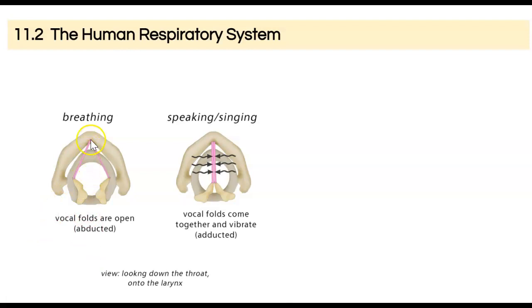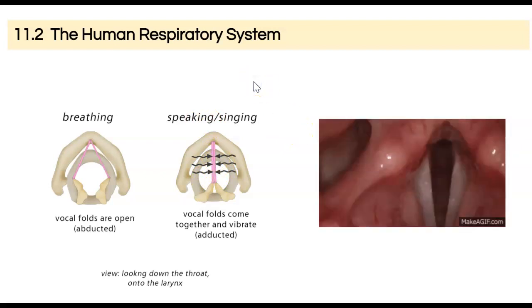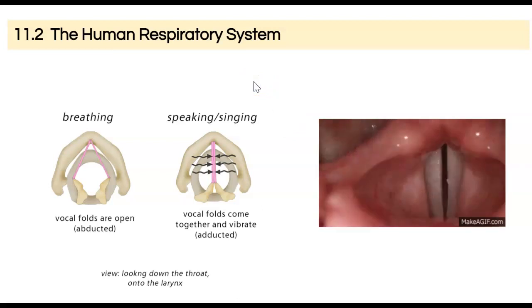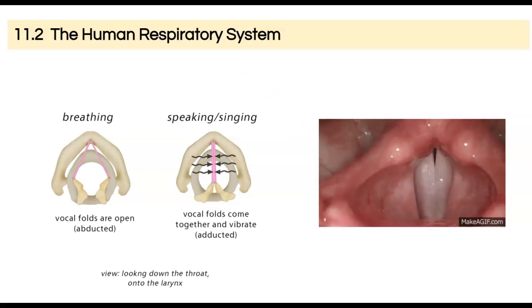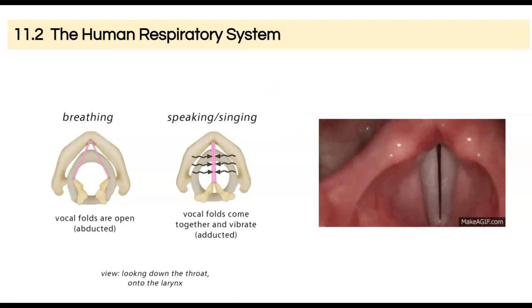This is when your vocal folds are open, and then here are your vocal cords, and they'll be moving together when you're speaking or singing. Let's look at a real picture of that. There you can see that in action, your larynx with a top-down view in your throat.